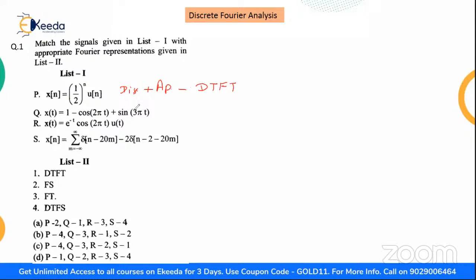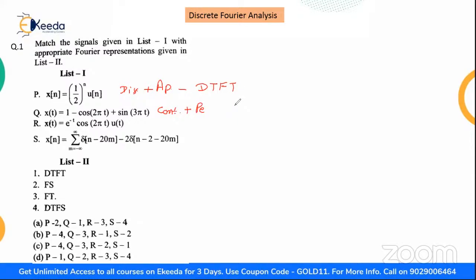And this signal is periodic, one being constant. This is again periodic, cosine, sine. So this is continuous time, continuous plus periodic.